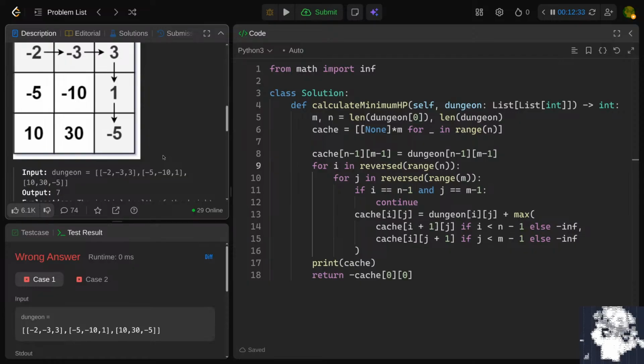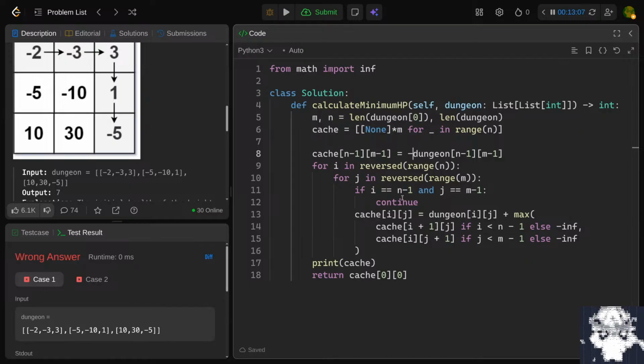Okay, how do I take that into account? So it's not enough to just sum. Let's instead keep track of the actual answer for how much health you would need. How much health you would need in the bottom right is negative this. If this is a positive number, then it's 0.